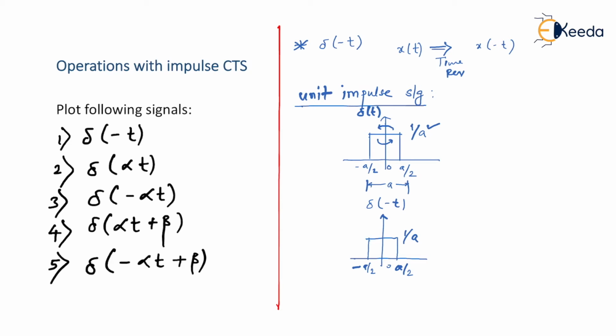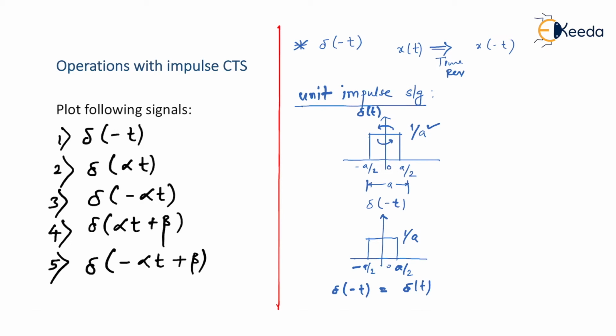So now I'm going to have a very important conclusion. Del of minus t is same as del of t. So the time reversal property does not really alter the original delta signal. In fact, you know what? If x of minus t happens to be x of t, such signals are called even signals. So I can say that del of t signal is an even signal.